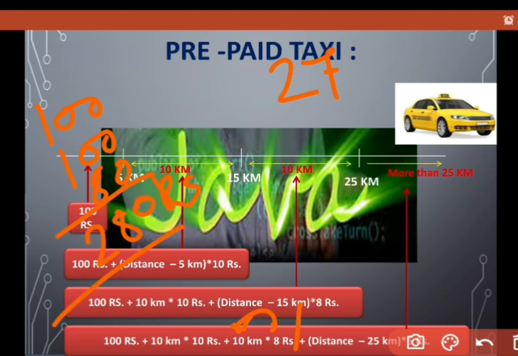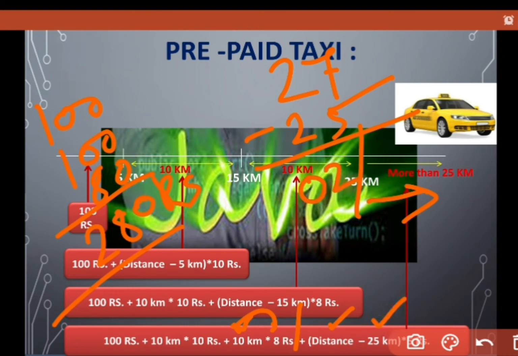and now I have to pay for more than 25 kilometers. That's why I have to subtract 25 from 27. See, distance is 27 and I have to subtract 25. What am I getting? 2 kilometers remaining.